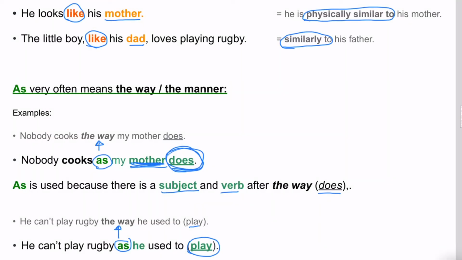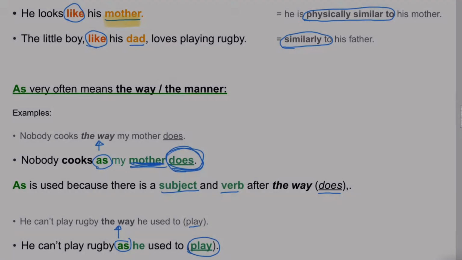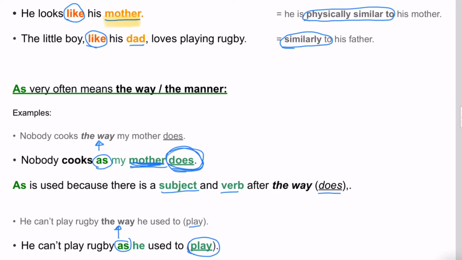So let's look back at these examples again. With like, we said we only use the noun. He looks like his mother and his mother is the noun. The little boy like his dad, the dad is the noun, loves playing rugby. Instead, as means the way in which something happens. So nobody cooks as my mother does.